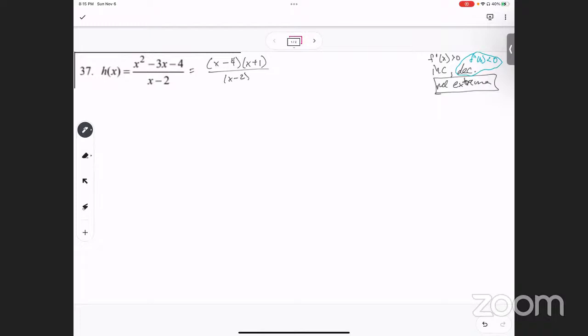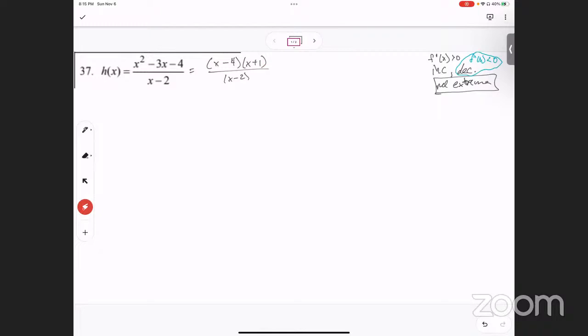Because you remember how to graph this, right? Remember doing that last year. Because the degree of the numerator is 1 more than the denominator, you're going to have a slant asymptote. This is going to give you your vertical asymptote, and this is going to give you your zeros.